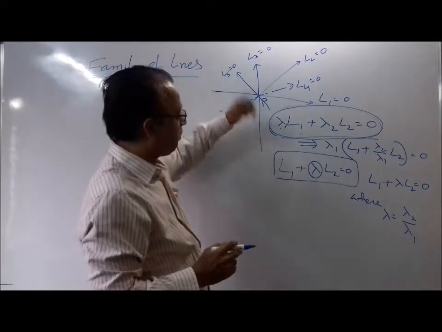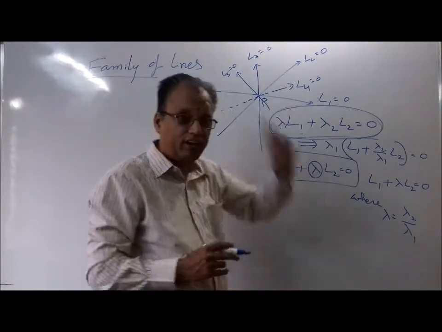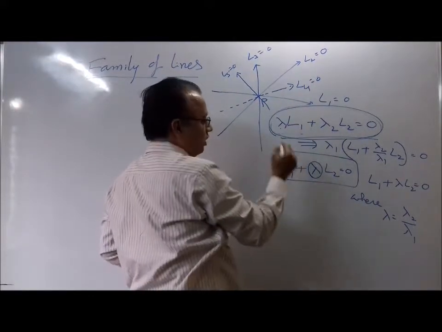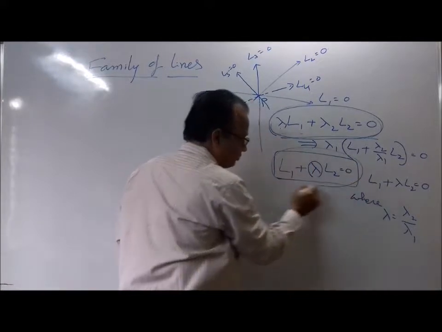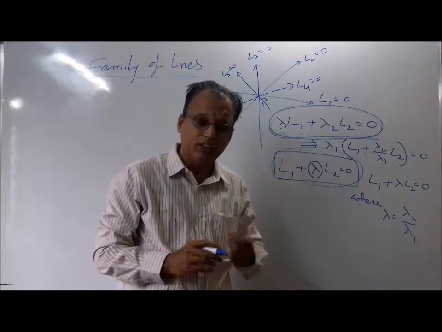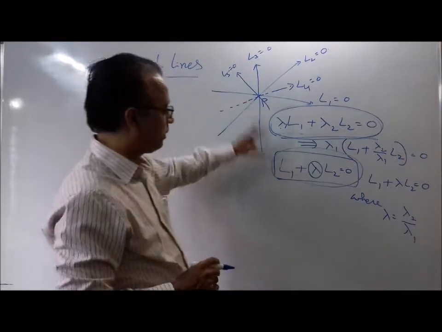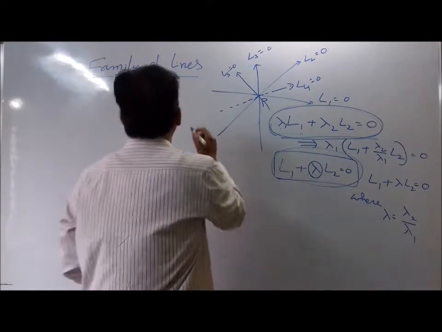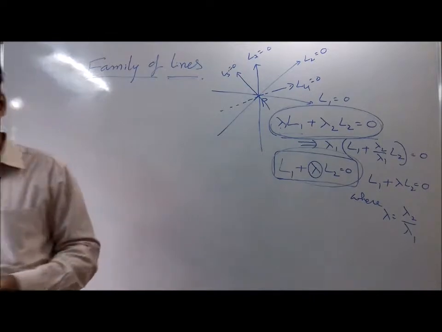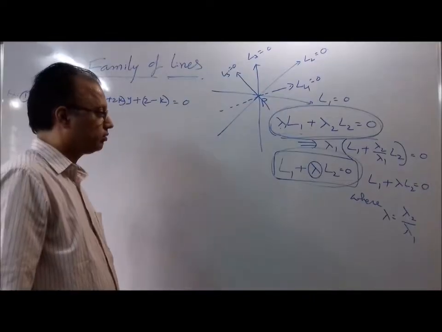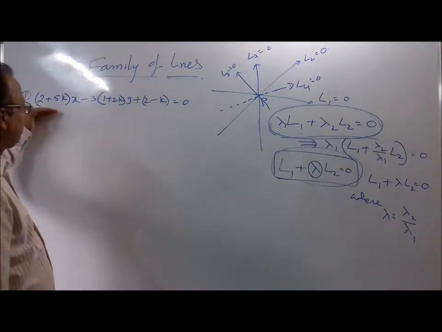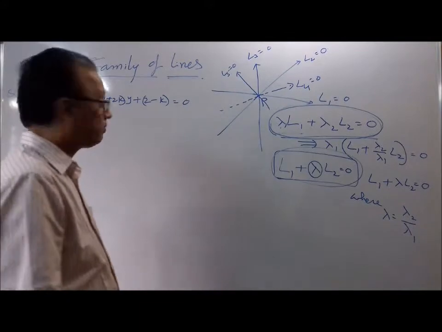So any line passing through the point of intersection of L1 and L2 can simply be written in this form, L1 plus lambda L2 equal to 0. This is called the family of lines.